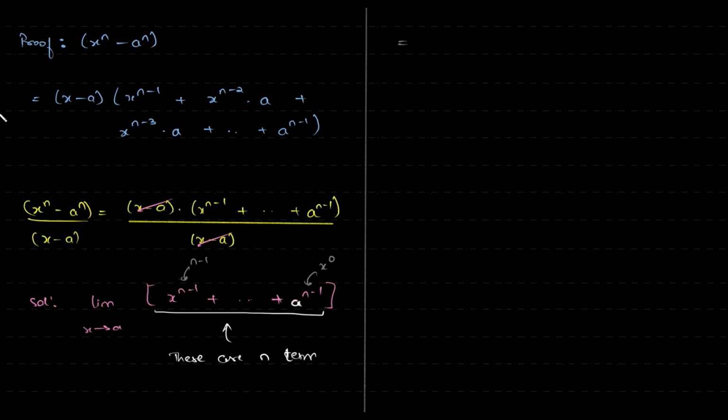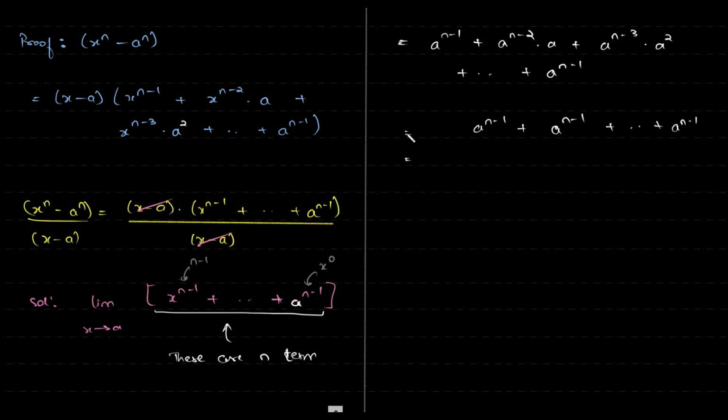So I have not taught you this, but you can apply the limits now. That is, we can do the following. In place of x, I can apply a: a to the power of n minus 1 plus a to the power of n minus 2 into a, applying this formula, plus a to the power of n minus 3 into a square. Okay, this is square, by the way, my bad. Plus the last term is a to the power of n minus 1. So there is a to the power of n minus 1 plus this, which will result in the same expression, adding how many times?